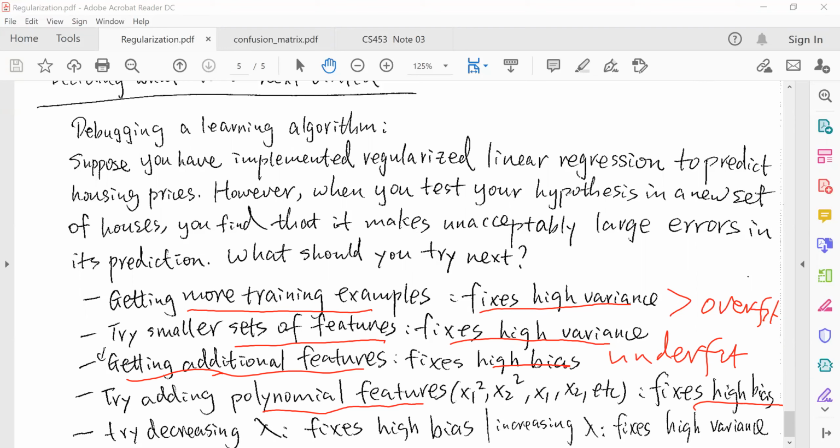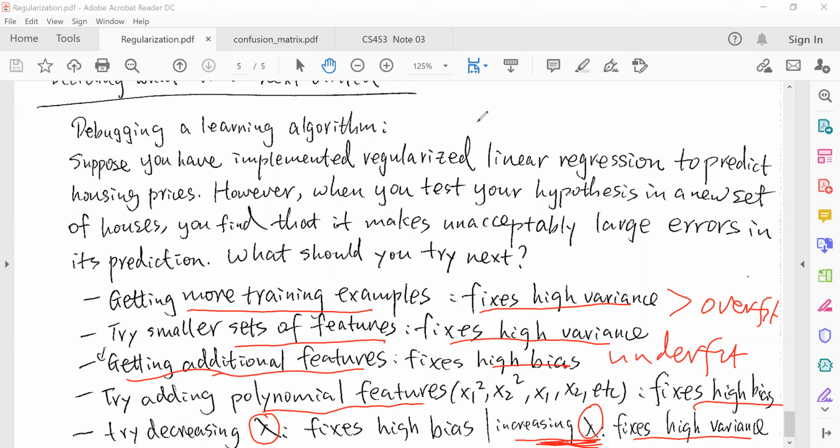If you use linear and it's not good, then you can try a polynomial. And then we come to the regularization parameter lambda. If you increase lambda, you can fix what? High variance.